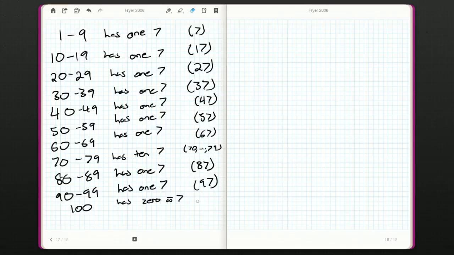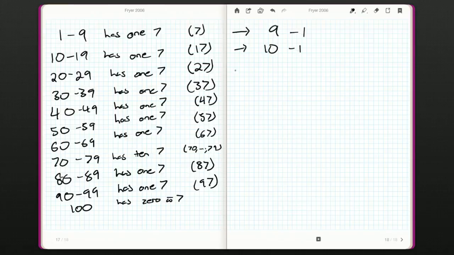So now we need to figure out, well, how many numbers are in these ranges? 9 in total from 1 to 9, minus 1. 10 of them, minus 1. 10 numbers from 20 to 29, minus 1. 10 minus 1, 10 minus 1, 10 minus 1, 10 minus 1.